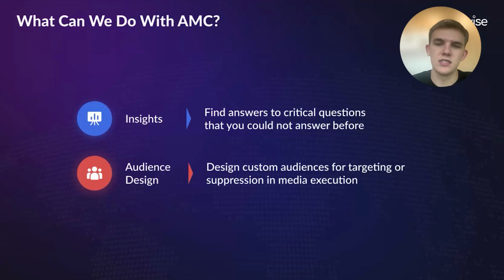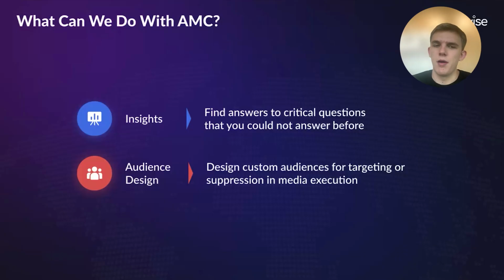And then the second is audience design. So we can take all of those different signals that we're getting in there and create custom audiences off of that to help us drive stronger conversion rates or stronger lifetime value. We'll touch more on specifically how we're interacting with that later. That's going to be the second lever of what we're doing. So I might create an audience of everybody who added my product to cart but hasn't purchased yet. I might create an audience of people who saw a DSP ad but haven't seen a sponsored product ad yet.